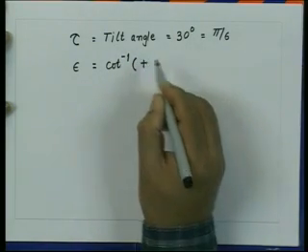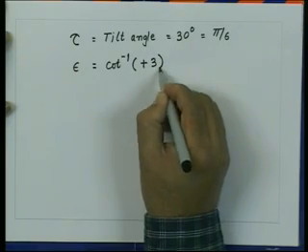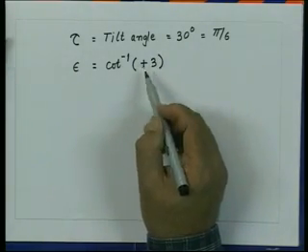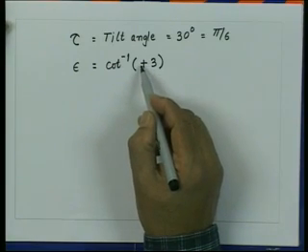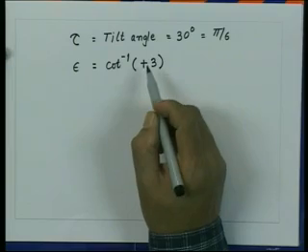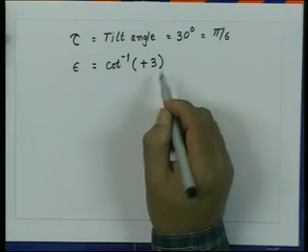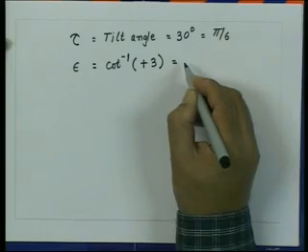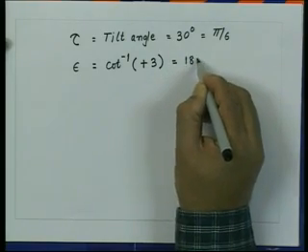In this case the axial ratio is 3 with a sense of rotation which is left handed, and we have used the convention that left handed means positive sign. So, the axial ratio for a left handed elliptically polarized wave is plus 3, that is, epsilon equal to 18.4 degrees.